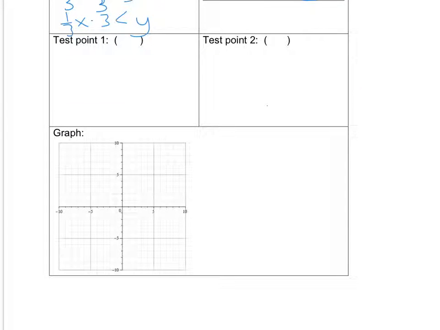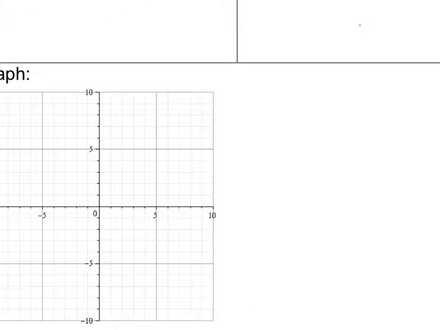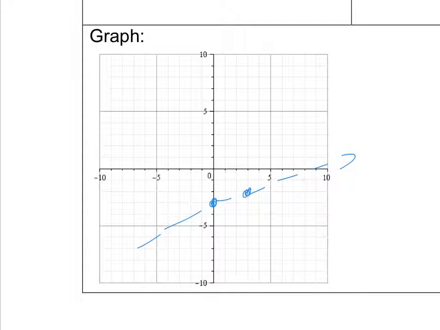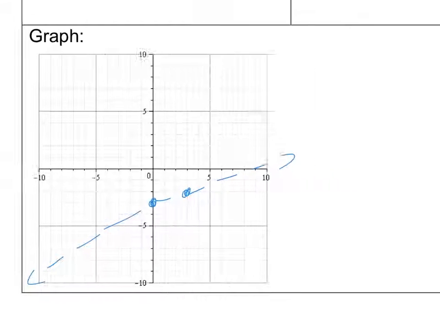So the y-intercept is negative 3, and it's up 1, right 3. And it's a dashed line because it's strictly greater than. Remember with these, we got to make sure we definitely fill. Now pick your test point, pick 0, 0, because it's the easiest one to plug in.